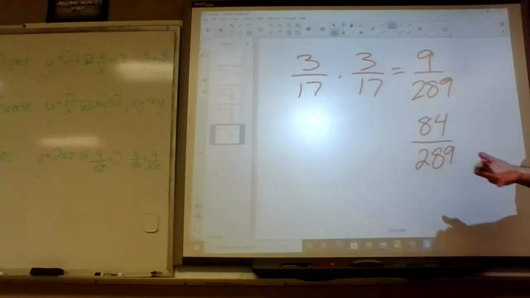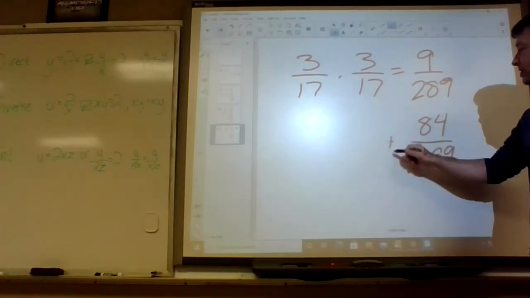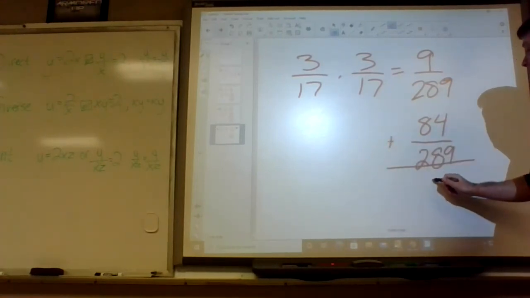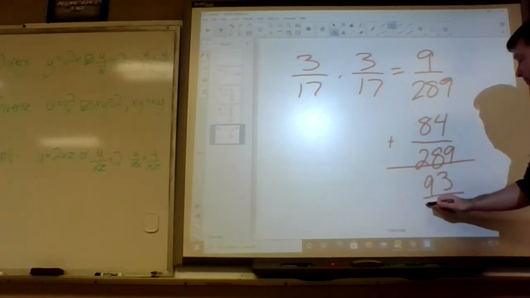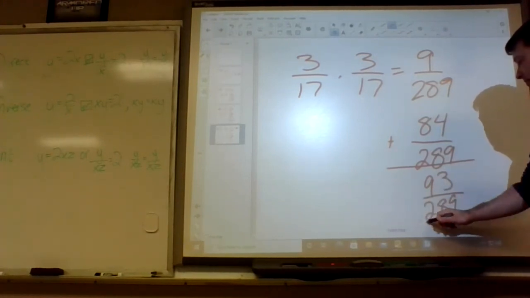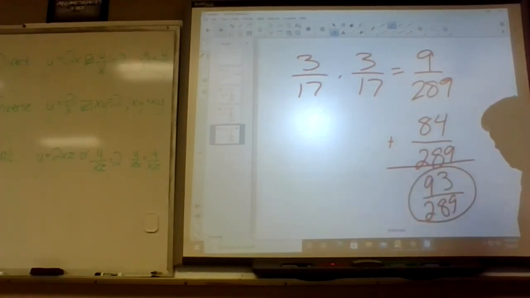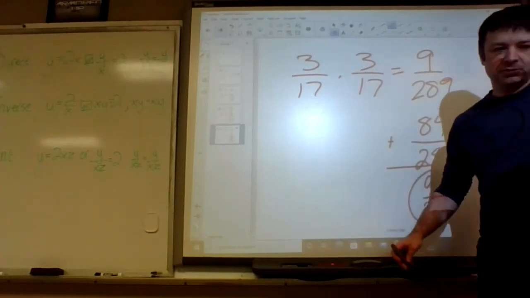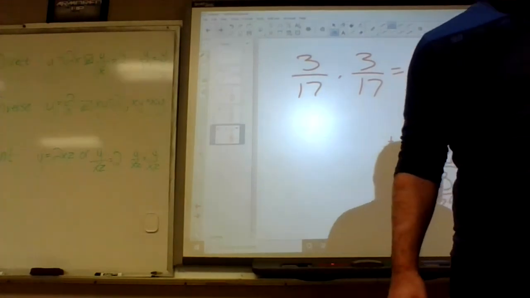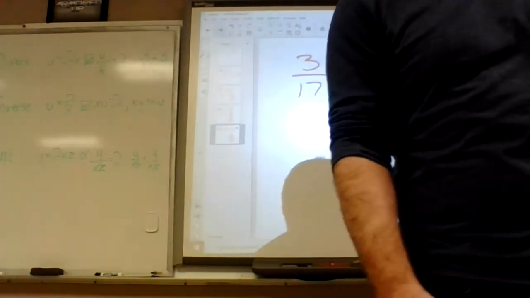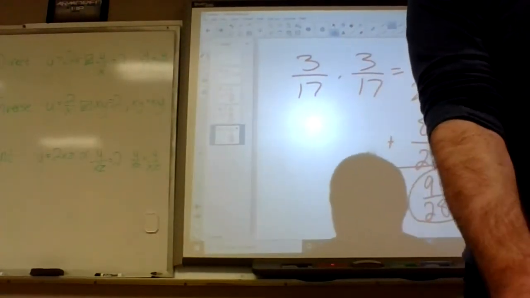Put all the probabilities together, that gives you all the possibilities. So anyway, that's 93 out of 289. Which is 3%. No, it doesn't reduce. Wait, I messed up somewhere there. Or if it does, the book didn't do it. Oh no, I messed up.